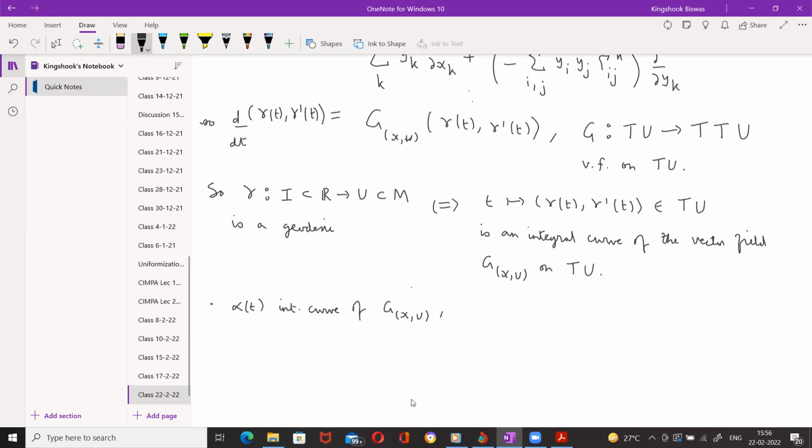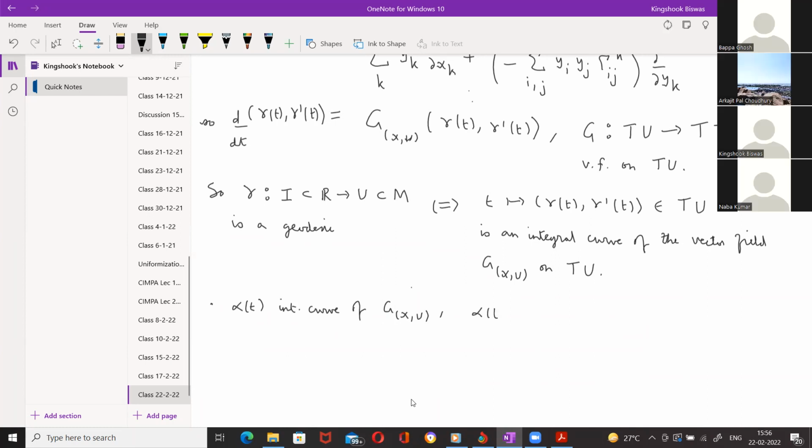So let's say alpha(t) is some (gamma(t), V(t)). Okay, so gamma is the foot of alpha, and V(t) is an element of the tangent space at gamma(t). I want to say that V(t) is equal to gamma'(t).